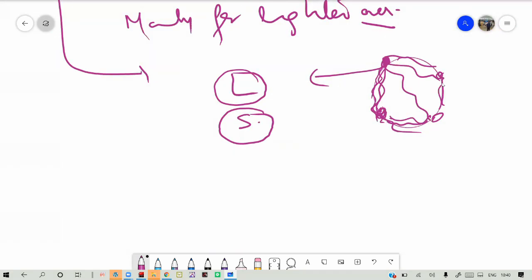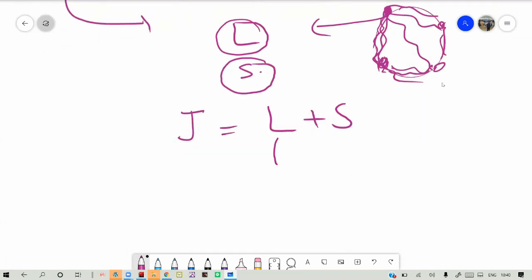Okay. So we calculate the total angular momentum J, which becomes L plus S, where L is actually L1, L2, L3 and so on. These are different possible combinations, and we will discuss them in the next lecture.